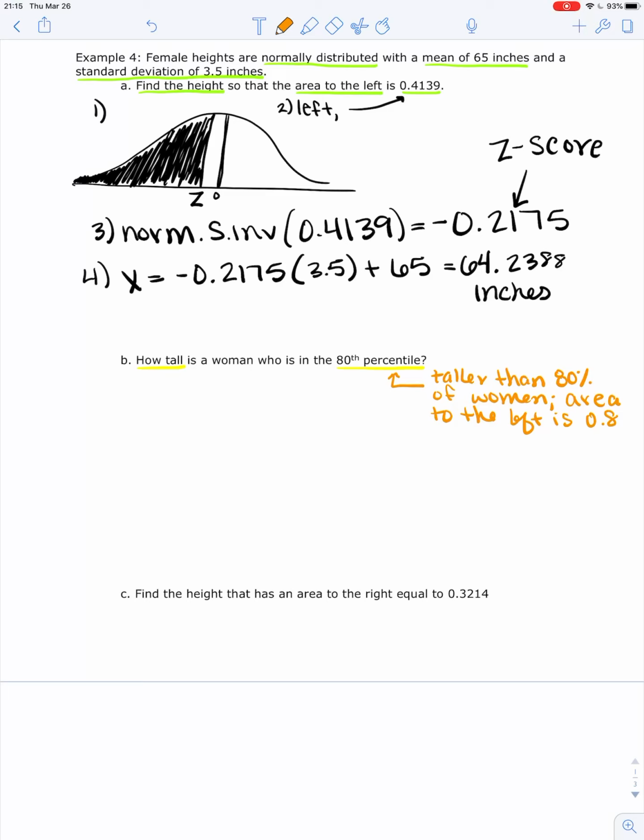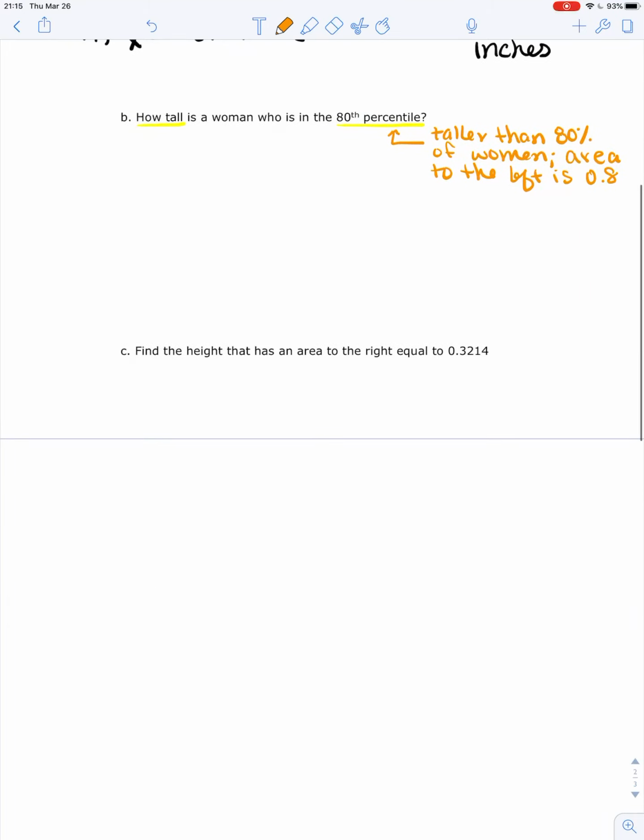Whenever we see percentile, that is telling us that we have an area to the left, and that area is equal to whatever the numerical value for the percentile is as a decimal. So 80th percentile means 80% less than, so we have an area to the left of 0.8.